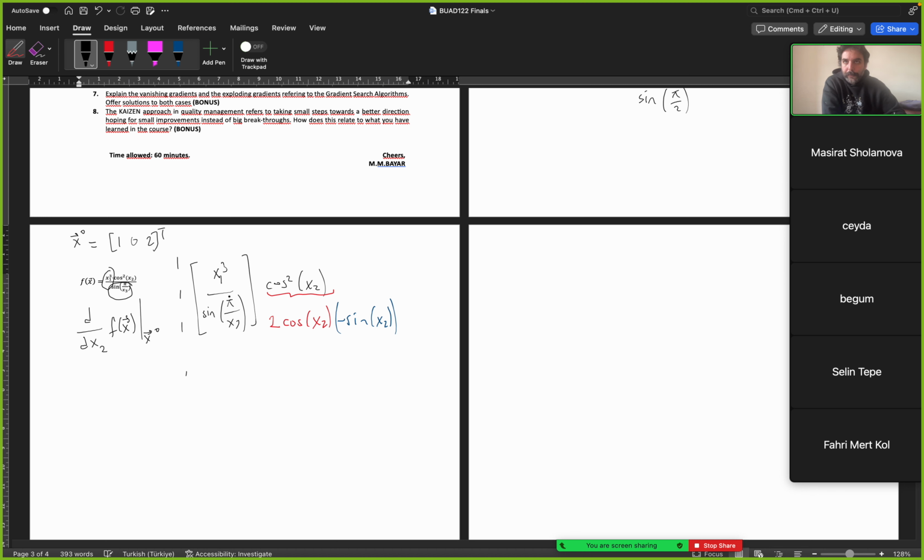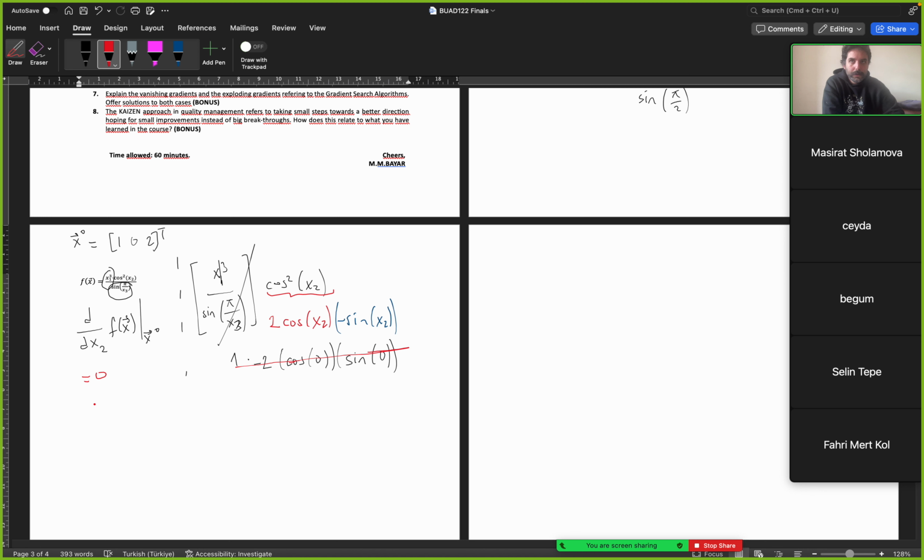So I'm going to plug in 1 to here. So this is 1 cubed, which is 1. This is x3. When I plug in 2 here, this is going to be a 1. So this whole chunk is just a 1. And then I get negative 2 times cosine of 0 times sine of 0. And you know that sine of 0 is 0, so this chunk is gone too, which means this is going to be equal to 0.